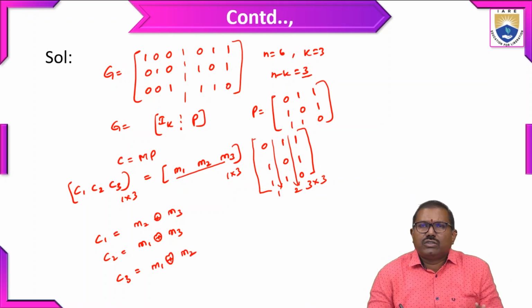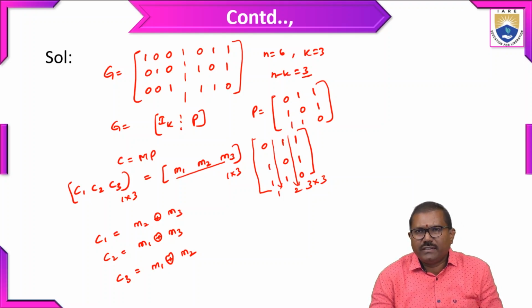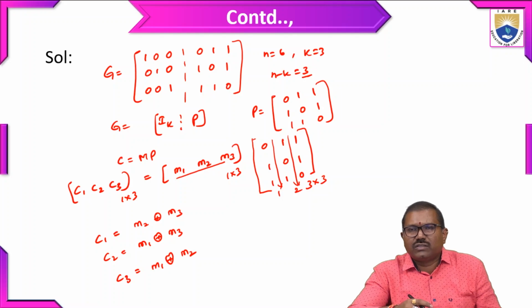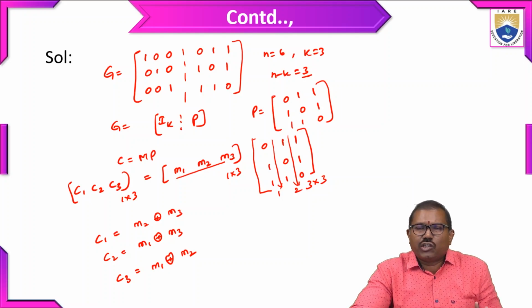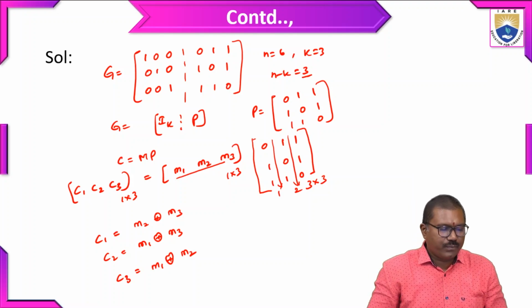So we have 3 parity bits. Whatever the message bits may be, it performs the XOR operation and generates the 3 parity bits in this way.